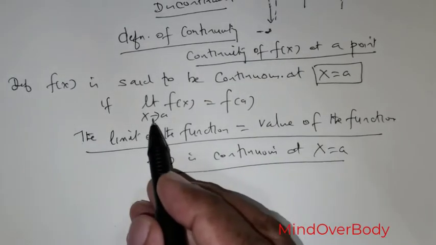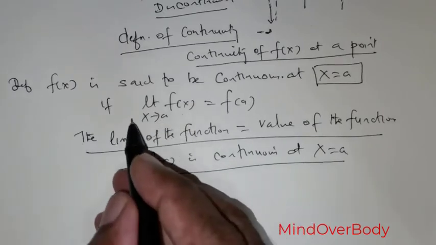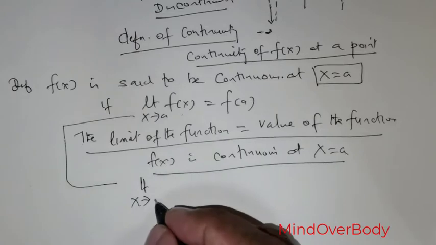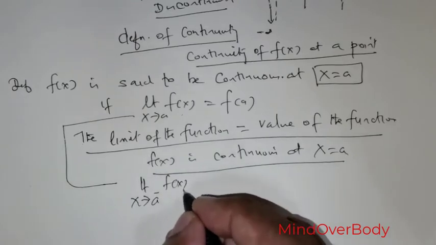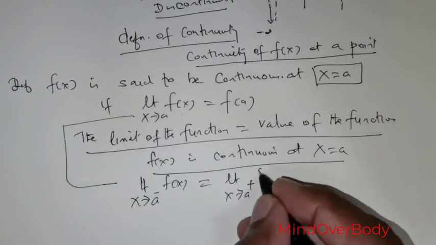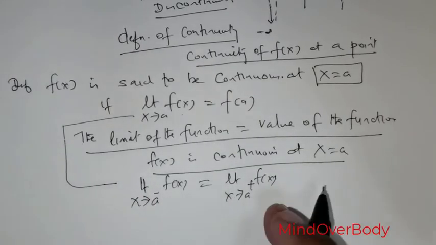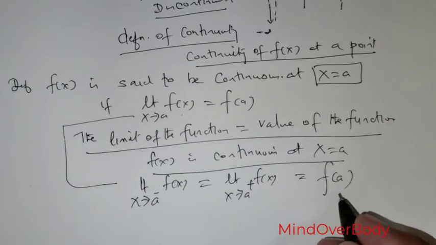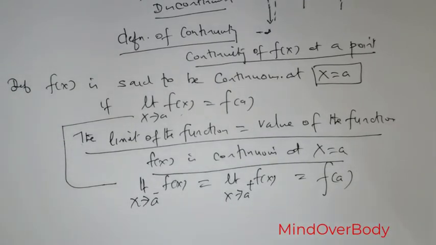Now when we talk about limit x tending to a of f of x, the meaning is we are looking for limit x tending to a minus of f of x, and that should be equal to limit x tending to a plus of f of x. And after these two things being equal, that should produce the value of the function.